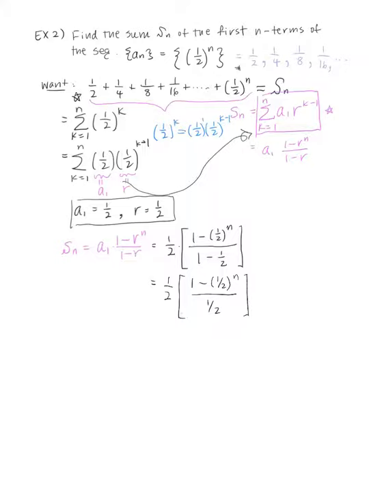Now I could cancel this 1/2 out, and our formula for the sum is going to look like 1 minus 1/2 to the n. So therefore, our answer S sub n is 1 minus 1/2 to the n.